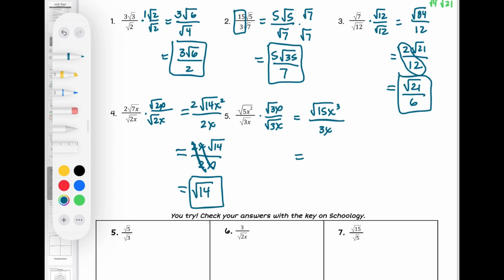And because we have 3 x's on top, we can go ahead and pull 1 out, and we're going to have 1 left inside the radical. And then we're going to have it over 3x. Then our last step would be that we can cancel those x's out, and we would do square root of 15x over 3. And remember, we cannot do 15 divided by 3 because it's the square root of 15 on top.